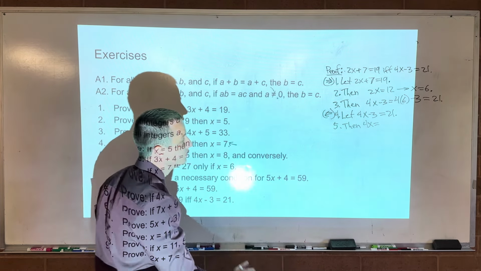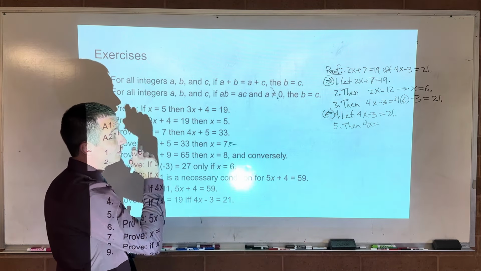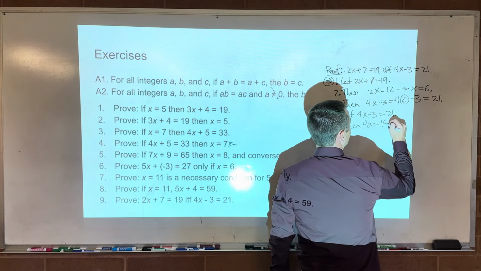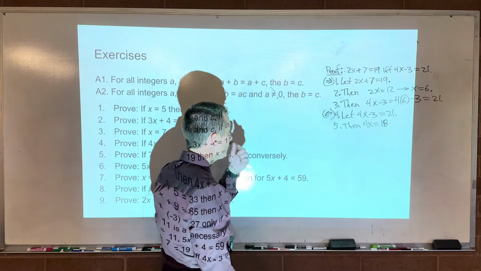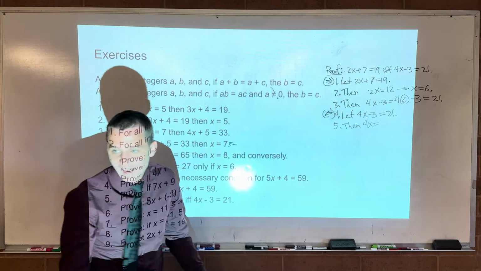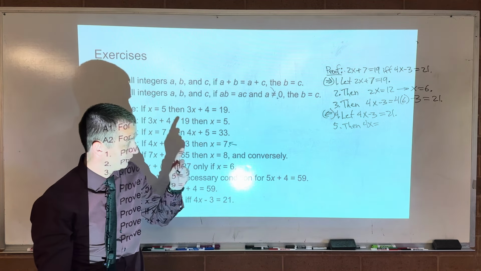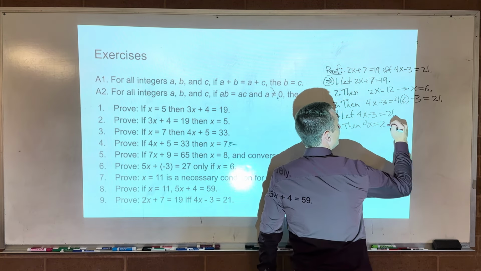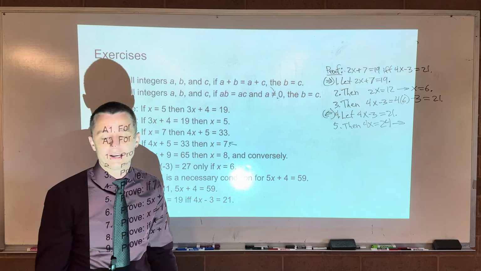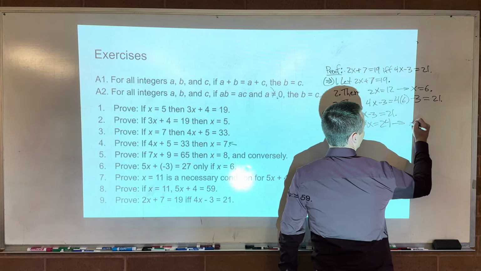Oh, no, I didn't do that right. Not subtracting from both sides. Add 3 to both sides. Oh, yeah, okay. Sorry about that. 24. And that gives me, if 4x is equal to 24, x is equal to 6.